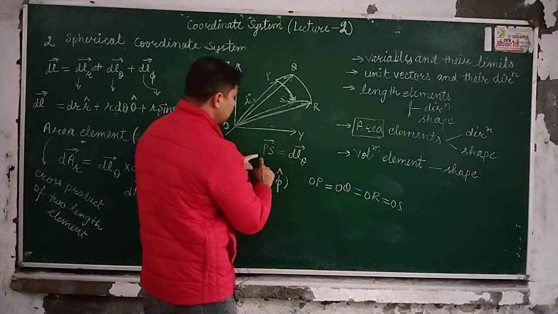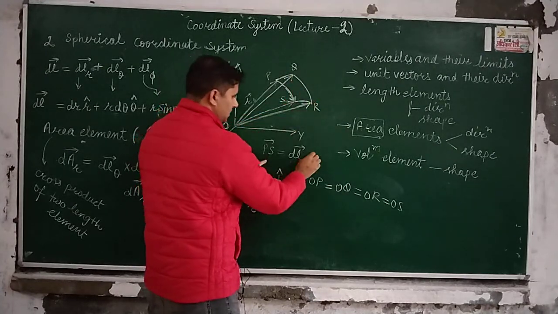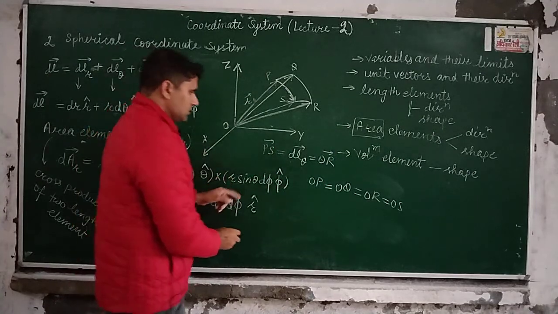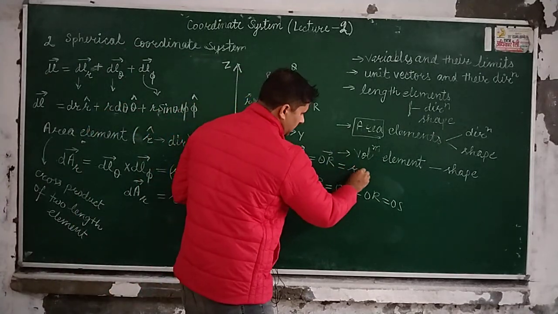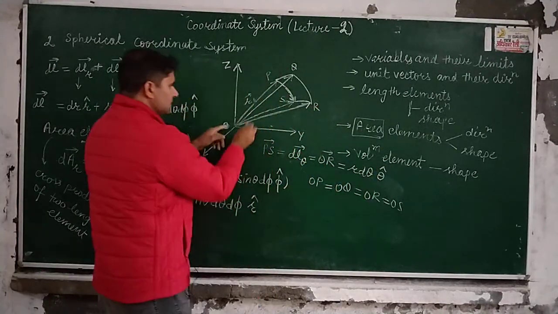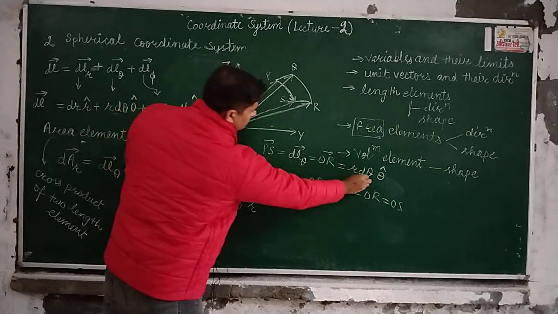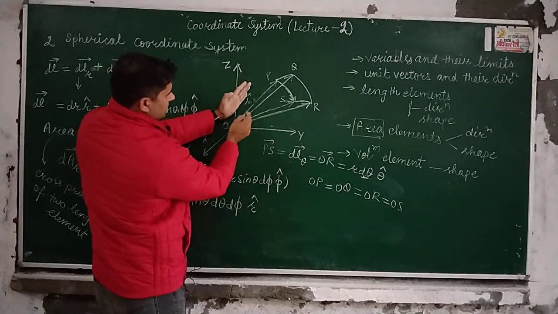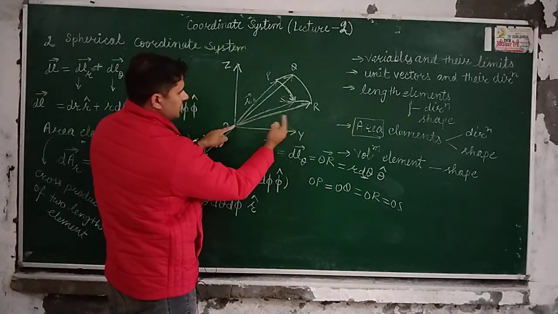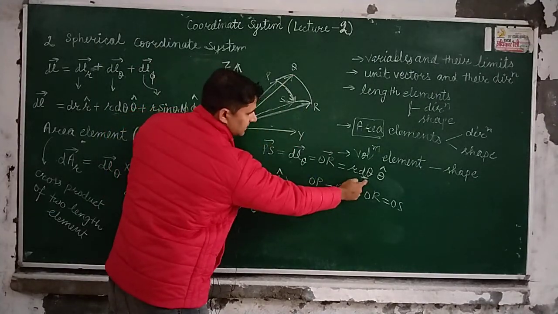So dl ps is dl theta, and this is also equal to vector qr, which is r into d theta into theta cap. Now what is angle d theta? Angle d theta is between vectors op and os. In the same way, the angle between oq and or is d theta.